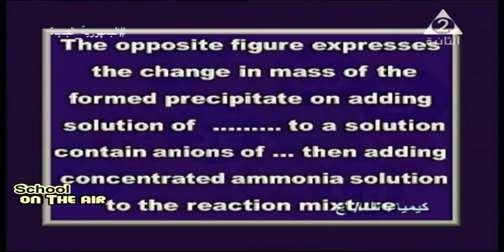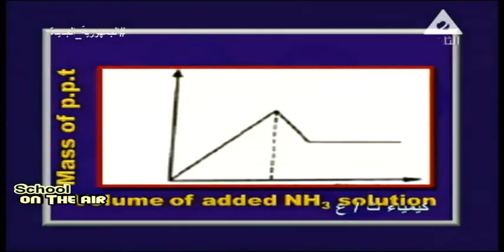Next point. The opposite figure expresses the change in mass of formed precipitate on adding a solution of what? Two solutions contain the anion of what? Then adding concentrated ammonia solution to the reaction medium. Here the graph explains that the precipitate formed is slightly soluble in ammonia solution.